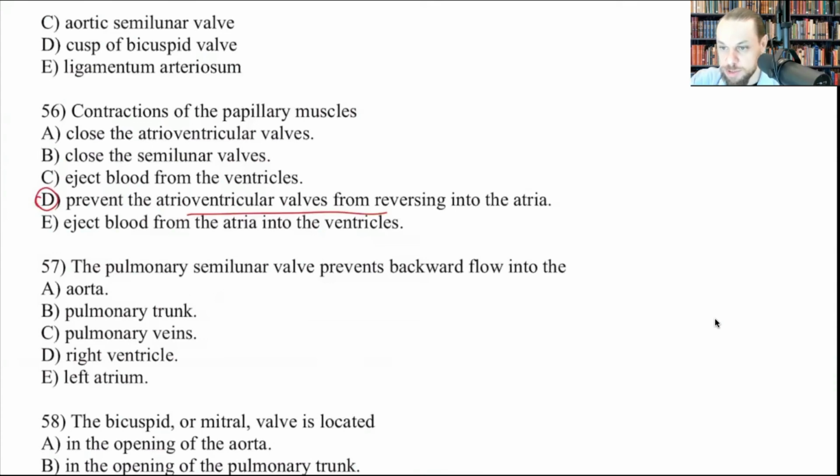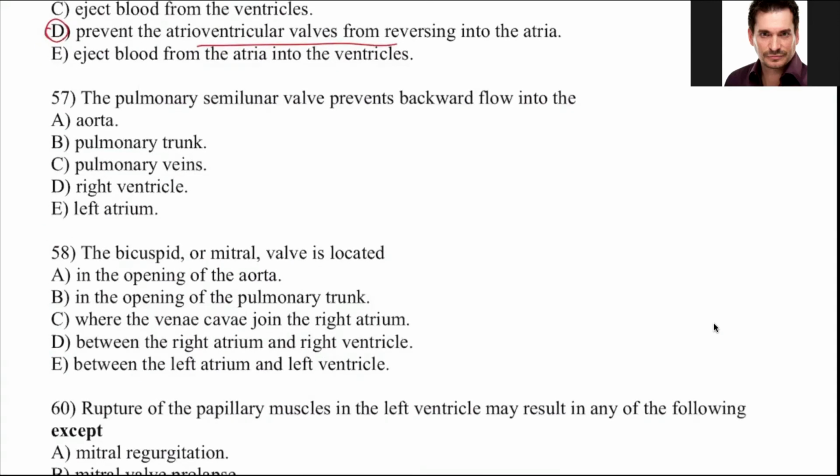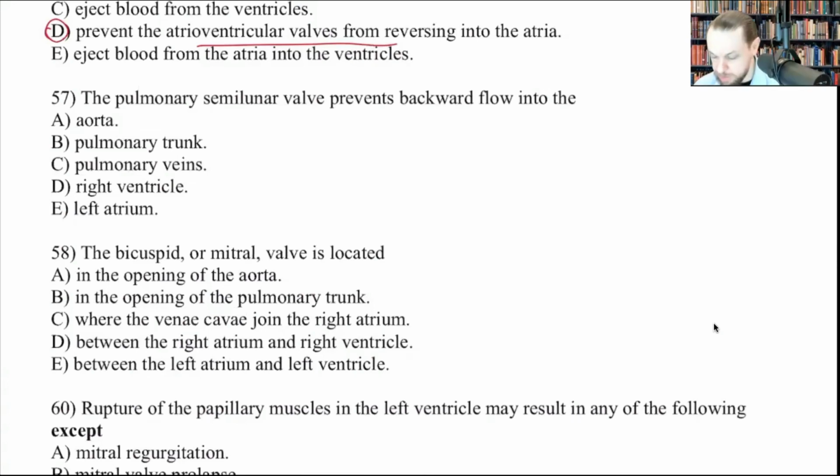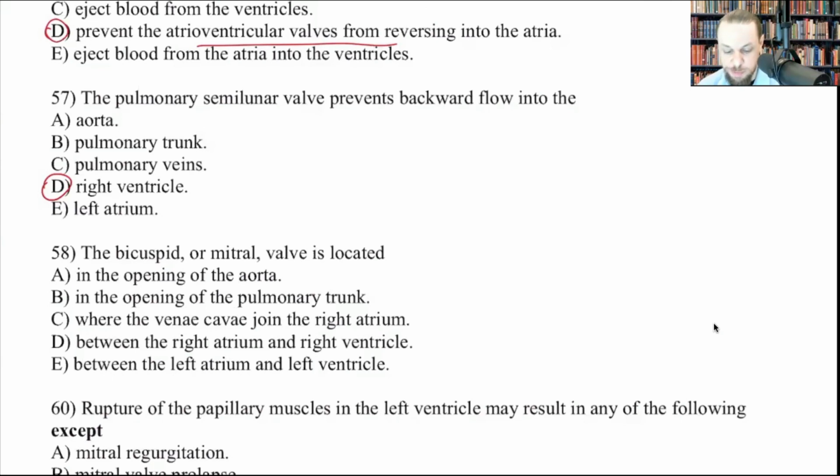All right, we're back to Ian for 57. The pulmonary semilunar valve prevents backward flow into the right ventricle. D. Yeah, the pulmonary semilunar valves prevent backflow into the right ventricle. Essentially, the way blood moves is via changes in pressure.